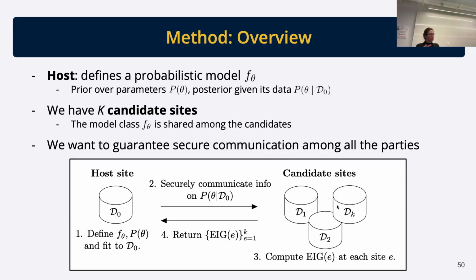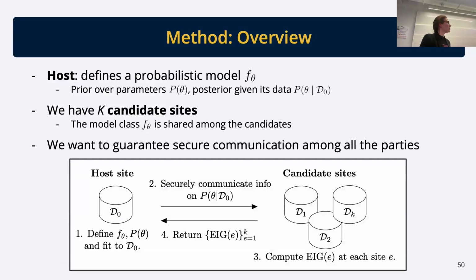The candidate hospitals or sites will want to compute expected information gain, given their data. And then they would want to securely return that EIG to the host so that the host can make an allocation decision, right? So which hospital to invest in to run the second trial. Is that more or less clear? I think there are a few moving parts. So yeah, okay, great.